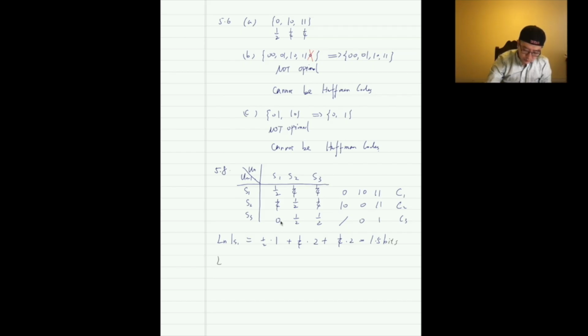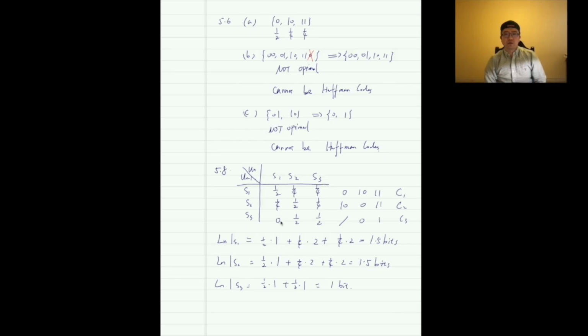For the last state being 2, it will be very similar, so that will be the same. For the last one, it is 1/2 times 1 plus 1/2 times 1, which is 1 bit, right?